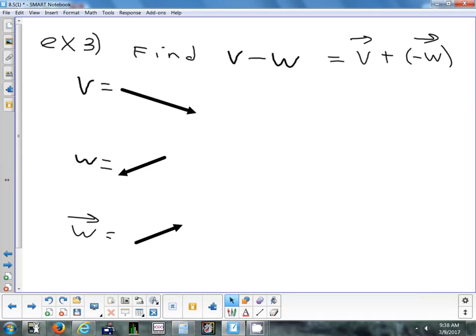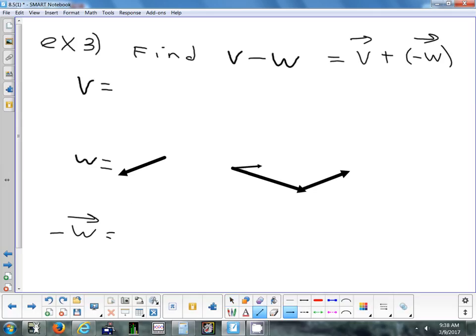All right, so now I take v, and then I'm going to add on to the end of it negative w. So what I'm finding right here is v minus w, because I'm adding the opposite of w. Just because of the angle of the lines, I have to draw this one the best I can by hand.